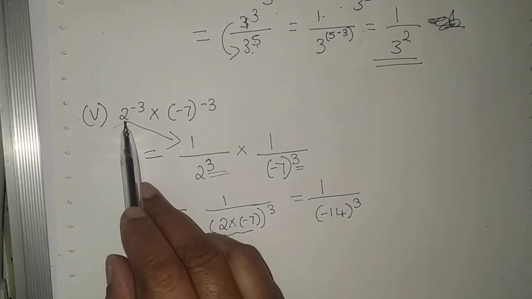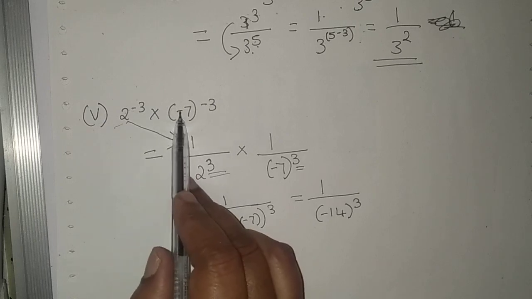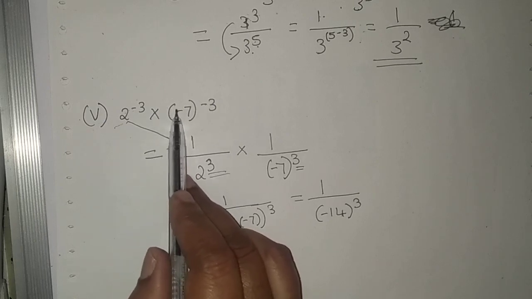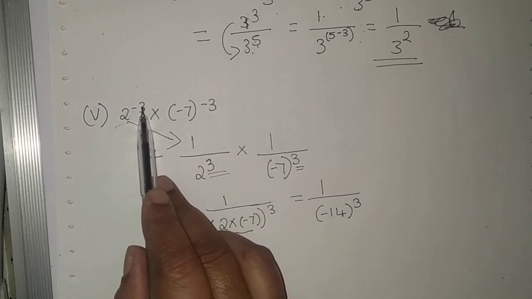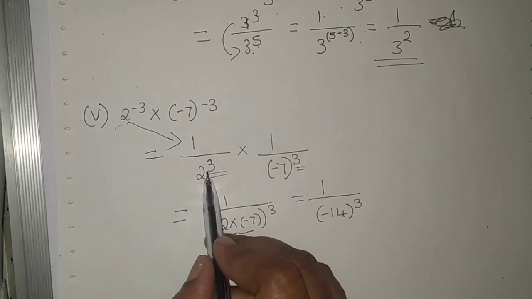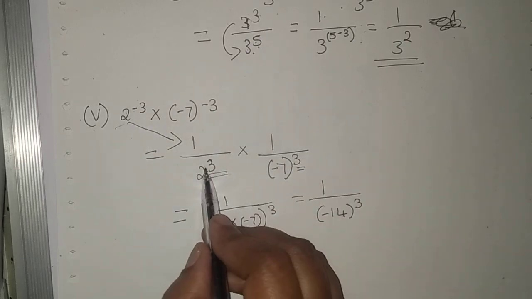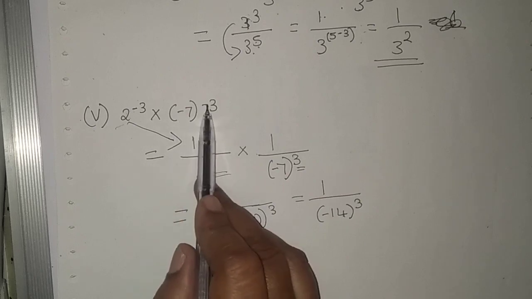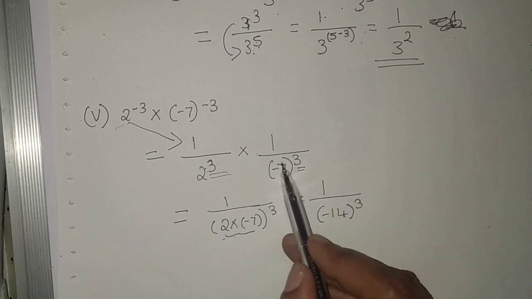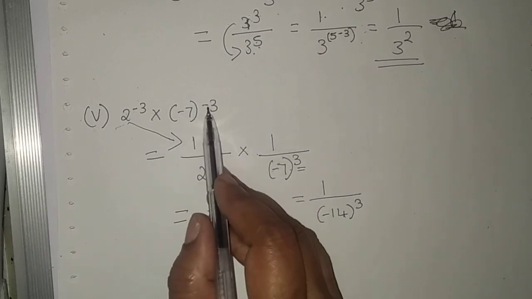So once again I will explain. The problem is 2 to the power of minus 3 into minus 7 to the power of minus 3. So this 2 to the power of minus 3 can be written as 1 by 2 cube. This minus 3 will become plus 3 here, into minus 7 to the power minus 3 can be written as 1 by minus 7 to the power of 3.